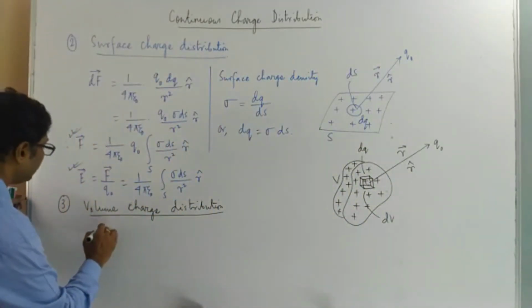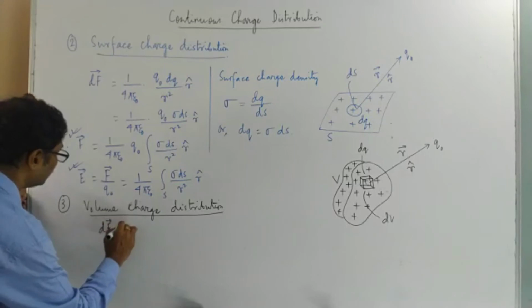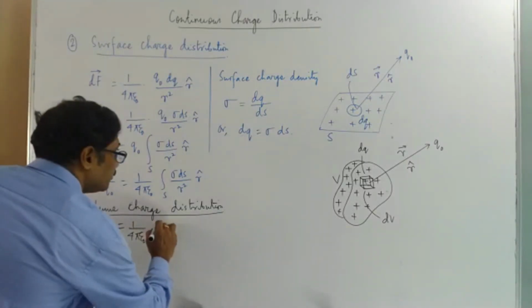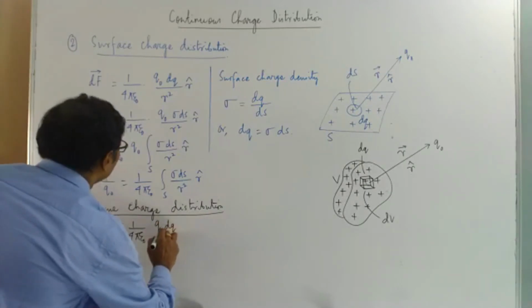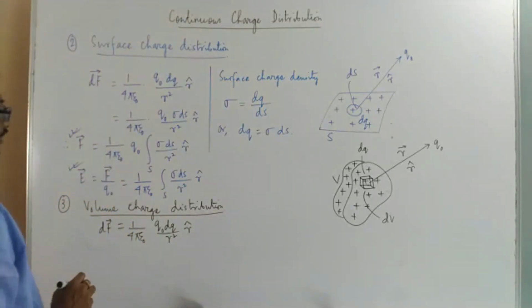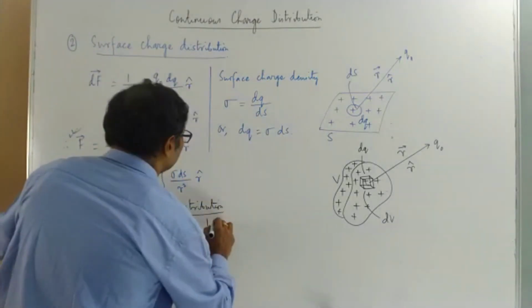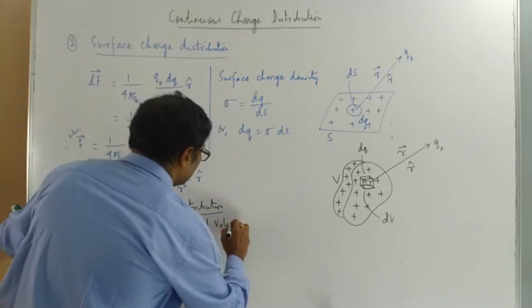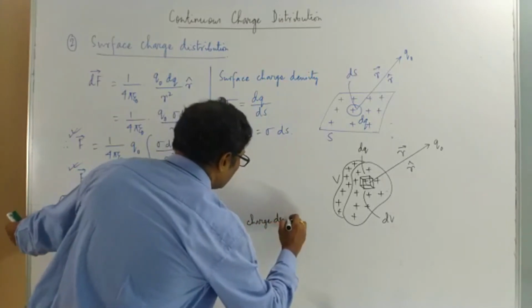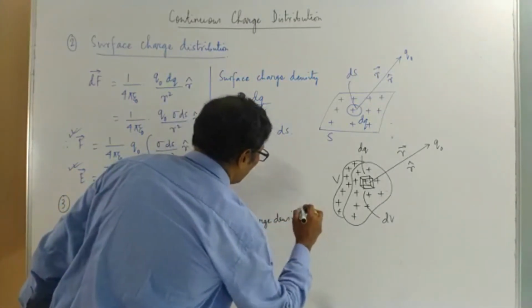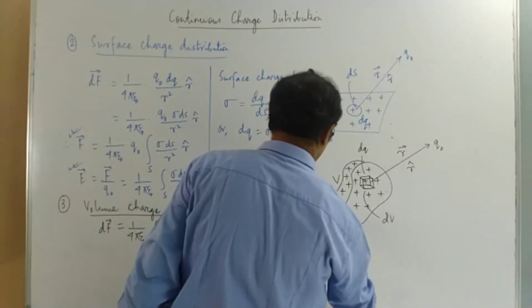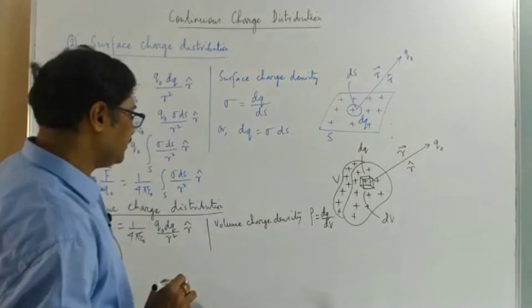So now I can write dF is equal to 1 by 4 pi epsilon 0 Q0 dq by r square r cap. As before, I may consider volume charge density. This is denoted by rho. Rho is equal to dq by dV, charge per unit volume.